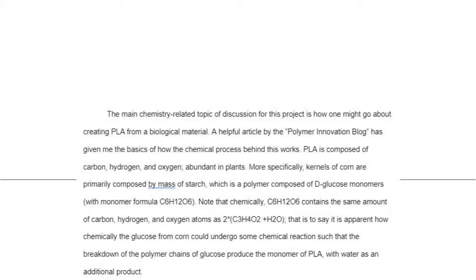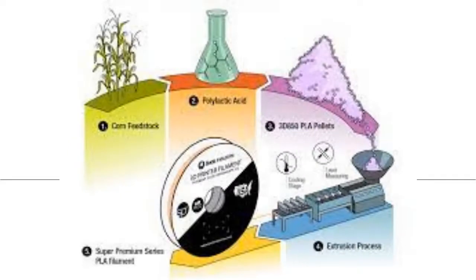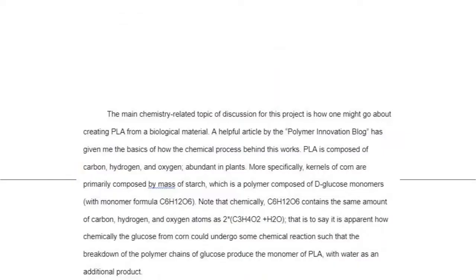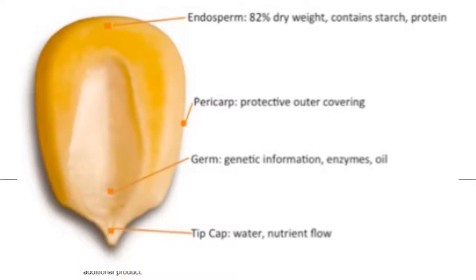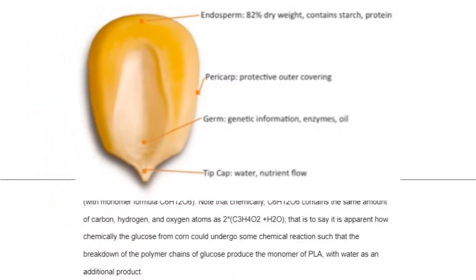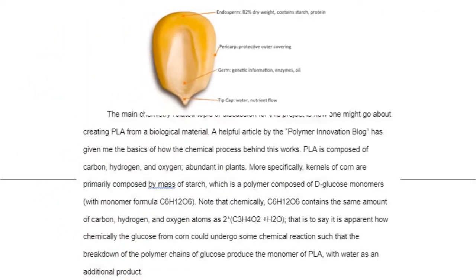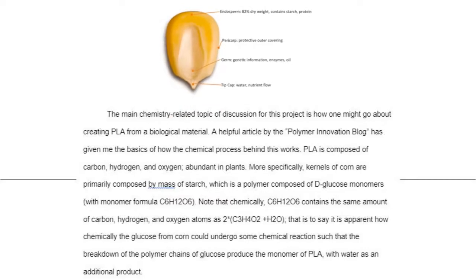The main chemistry-related topic of discussion for this project is how one might go about creating PLA from a biological material. A helpful article by the Polymer Innovation blog has given me the basics of how the chemical process behind this works. PLA is composed of carbon, hydrogen, and oxygen, abundant in plants. More specifically, kernels of corn are primarily composed by mass of starch, which is a polymer composed of D-glucose monomers with monomer formula C6H12O6.